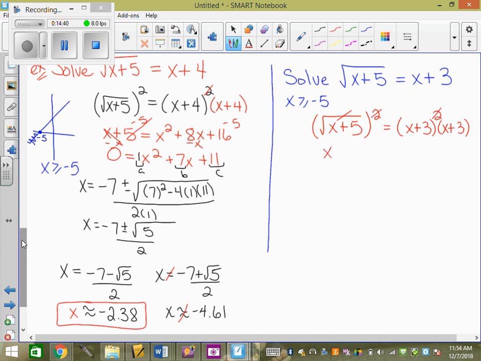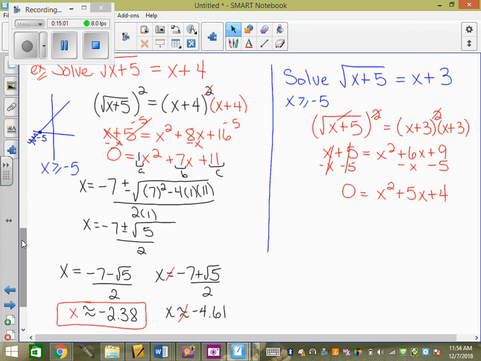I'm left with x plus 5 equals x squared plus 6x plus 9. Subtract x, subtract 5. 0 equals x squared plus 5x plus 4. And then we can do what? Factor.